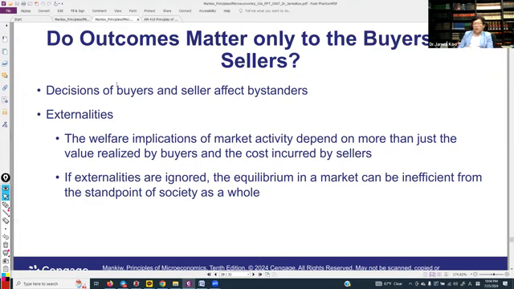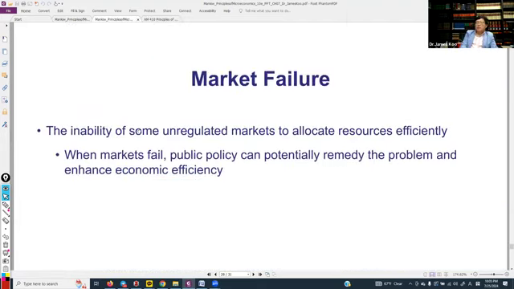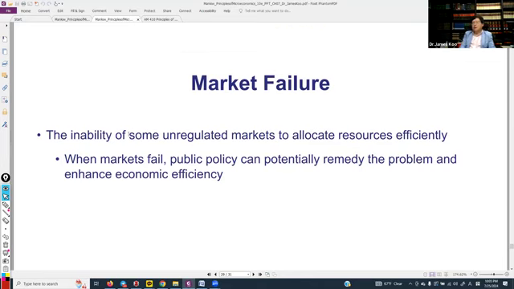It means that you should consider all kinds of options. Market failure. What is a market failure?